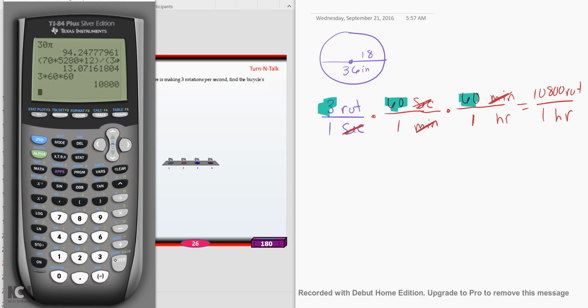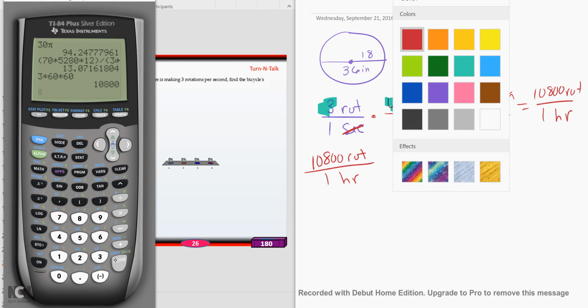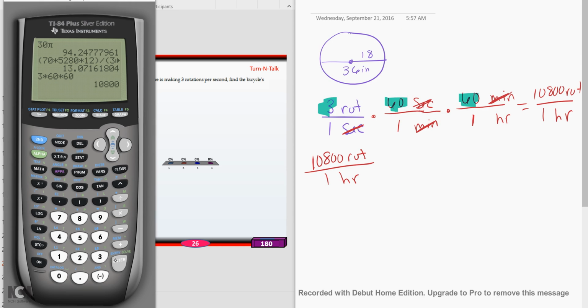So I'm in the right time now. So let's recopy this, 10,800 rotations per 1 hour. Now I've got to work on getting rid of the rotations. So I need to come back up here. I want to get rid of rotations, and eventually I want to go to miles.